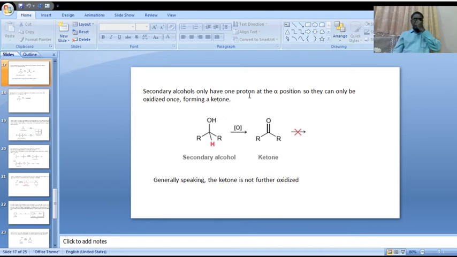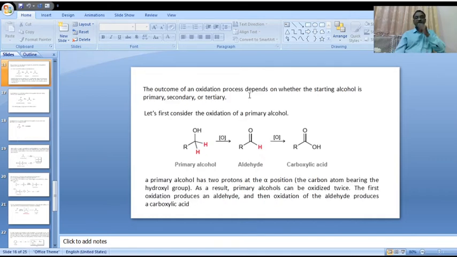In this elimination reaction, an elimination process requires a proton. Primary alcohols contain two protons, so they undergo oxidation twice.